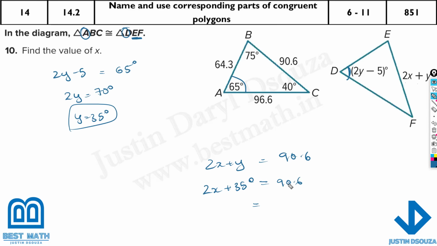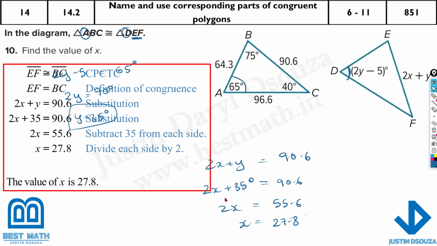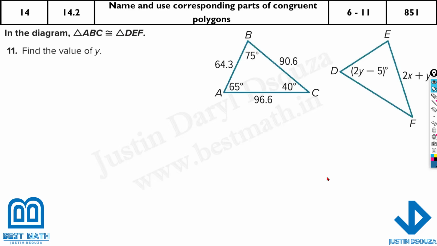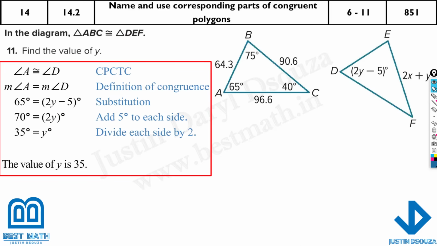It's going to be 55.6. 2x is equal to that, so x is 27.8. So the value of x is 27.8. Dividing both the sides, you can just use a calculator over here and get the direct answer as well. So there we go. And the y we just now found out is 35.